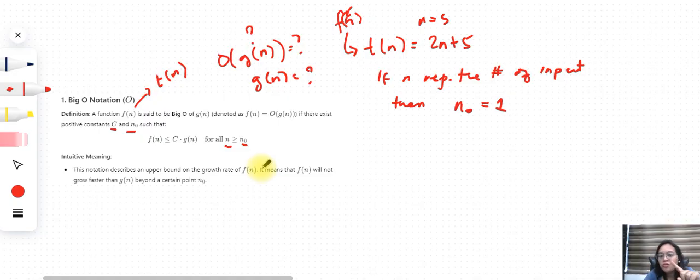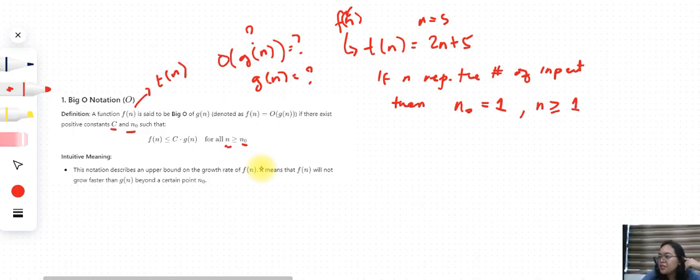We will always start at 1, such as counting kaganina nung nagsugod mi dito sa 1. Because n represents the number of inputs, we will start at the lowest value possible, which is 1. So in this case, our n can be greater than or equal to 1. So now we have a rough estimate as to the value of n.